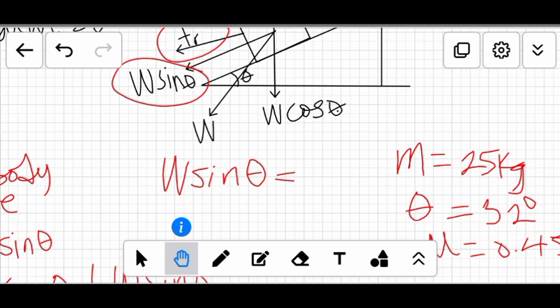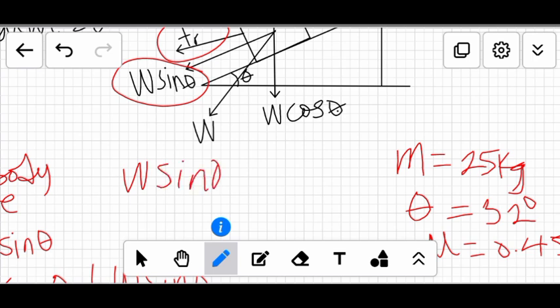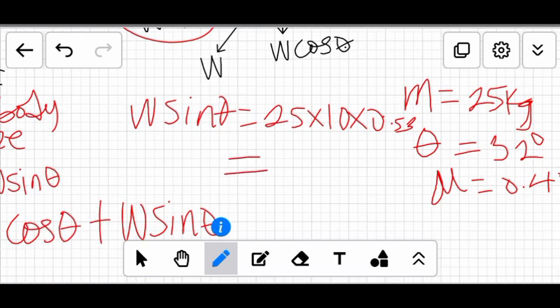Sine 32 is 0.53, so W sine theta equals 25 times 10 times 0.53. Automatically the answer is 132.48 Newton.